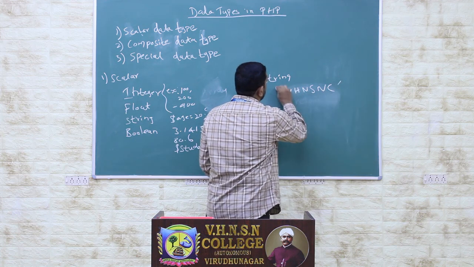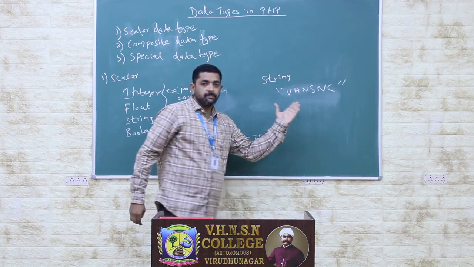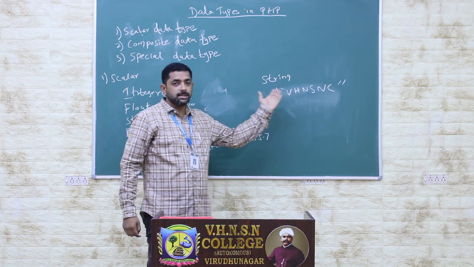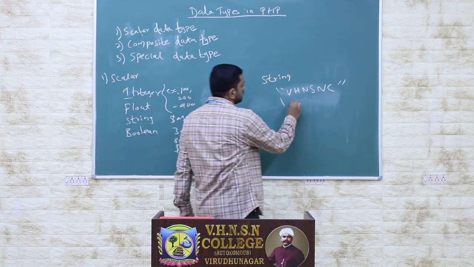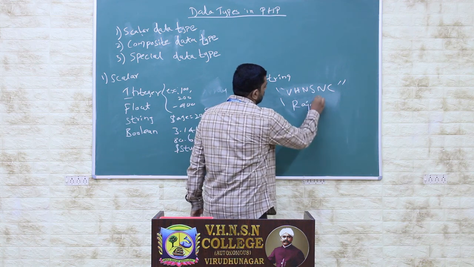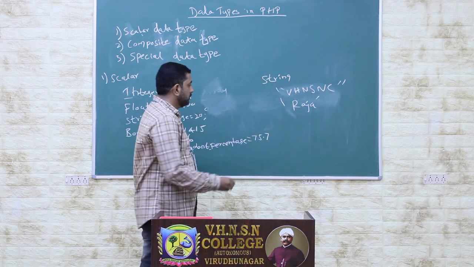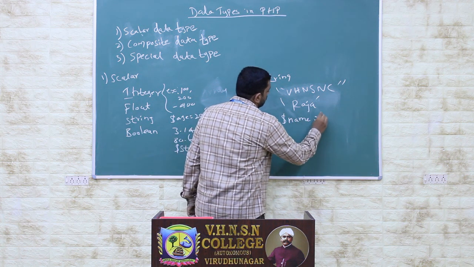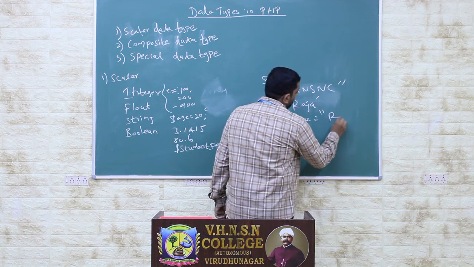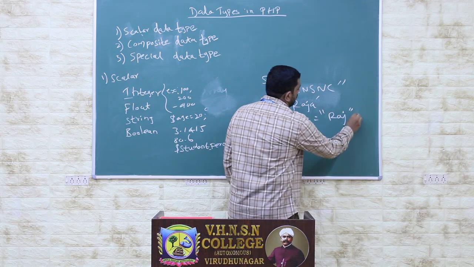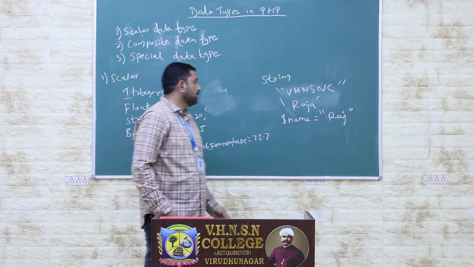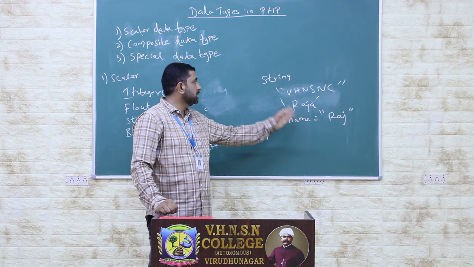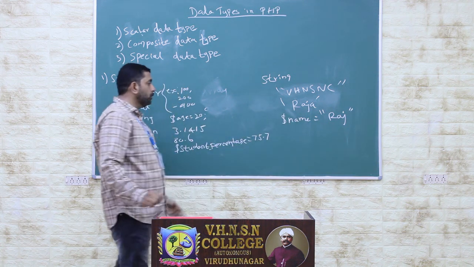So it's a sequence of characters enclosed in double quotations and sometimes in single quotations also. So a student name can be written in single quotation also. If I assign a variable to that, name equal to Raj. So here the variable name is name, which contains the string data type.